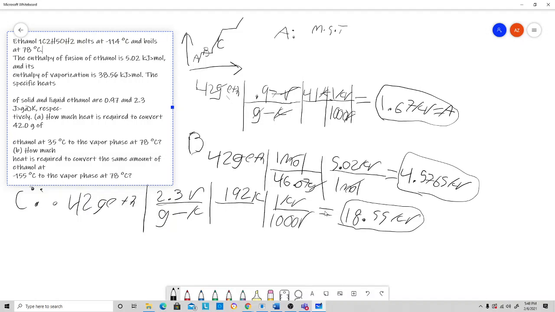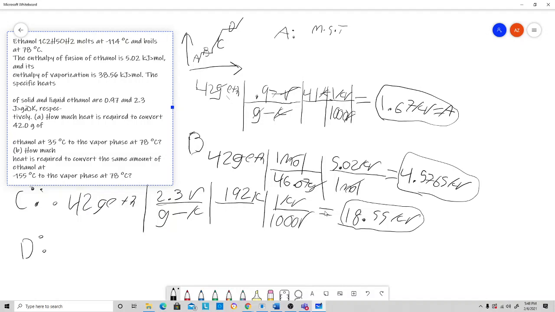So A, B, C, and then D right here. We need the heat of fusion. Sorry, the heat of evaporation, and that's going to be 38 kilojoules per mole. So again, we need to translate that.